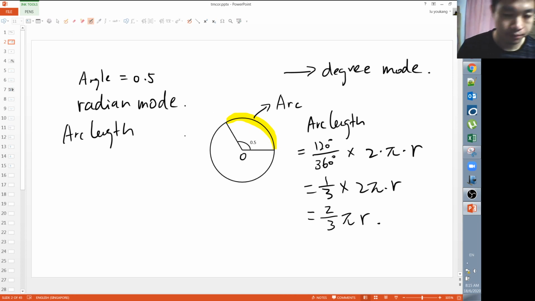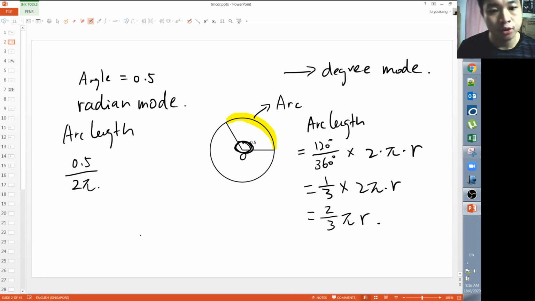Similarly, the concept you make use of here is that you use the angle which is given as 0.5, and you put it over the entire angle in radian mode. So what is the entire angle in radian mode? The entire angle, which is one round here, is actually 2 pi.